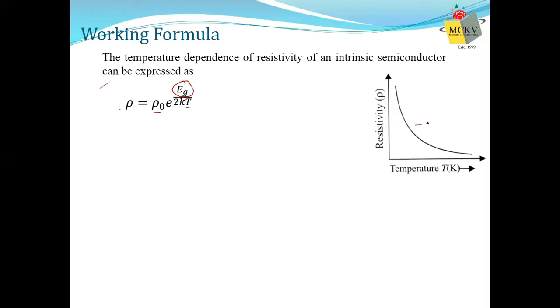Now we need to measure the band gap, Eg. So first, we require a lot of values of rho for different values of temperature. That can be done, because if I change the temperature, V will be changed, and when V is changed, rho will be changed. So we can have different values of rho for different values of temperature. That can be estimated from the equation that we have observed.